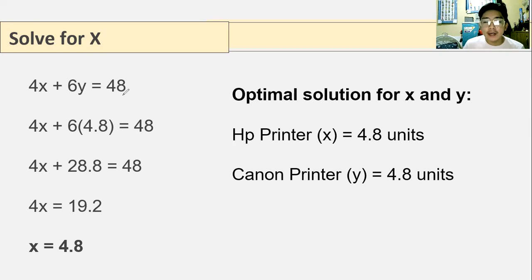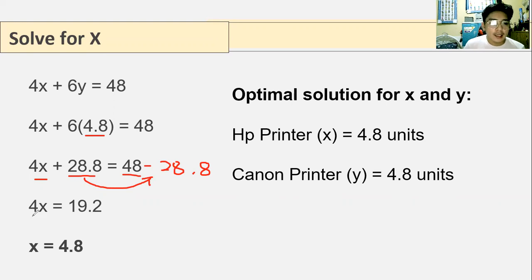As we have solved the y earlier, we substitute y by its real value, which is 4.8. Copy down 4x. 6 times 4.8, which is the value of y, is 28.8. Then bring down the 48, and then we transpose this 28.8 to this side.